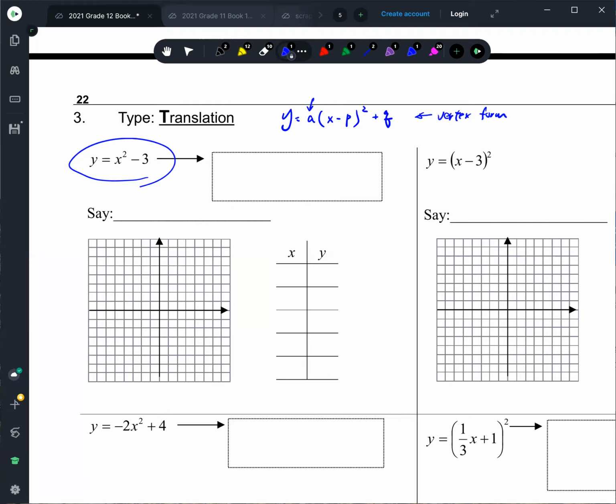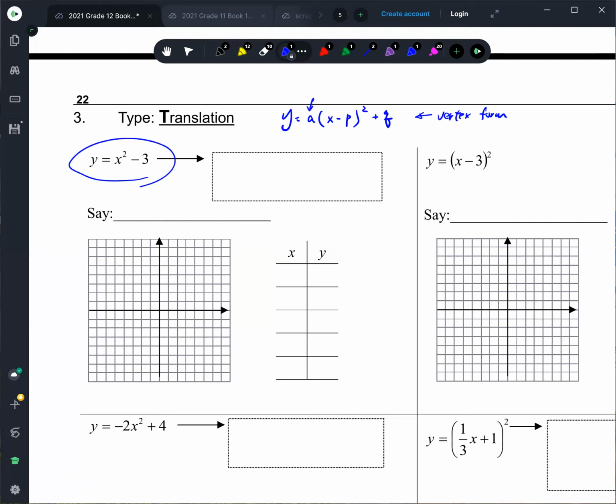So we want to apply the transformation rule, we want to figure out a rule for our translation. So we can not only apply it to parabolas, we can apply it to absolute value, radicals, rational, any function. So let's pretend we don't know the vertex form. We're just plotting points.